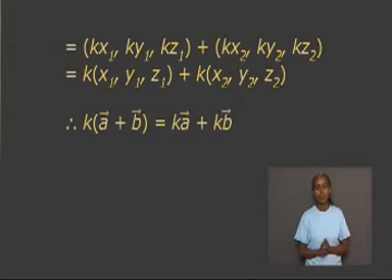Alternately, we could say that it is equal to k times A plus k times B. We have completed our proof and shown the principle of multiplying a vector by a scalar.